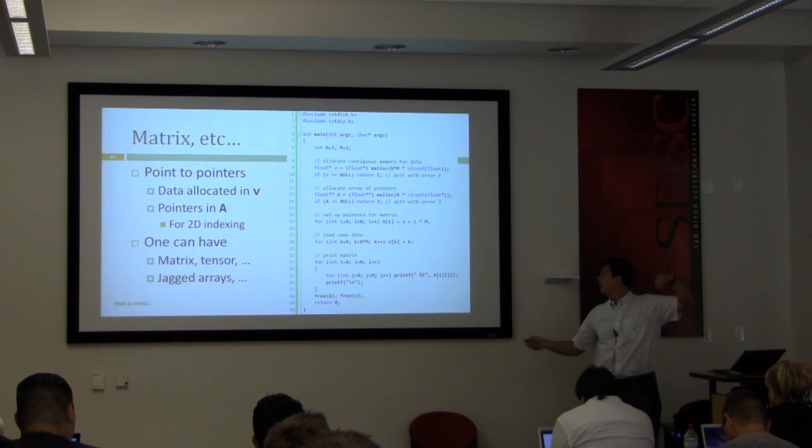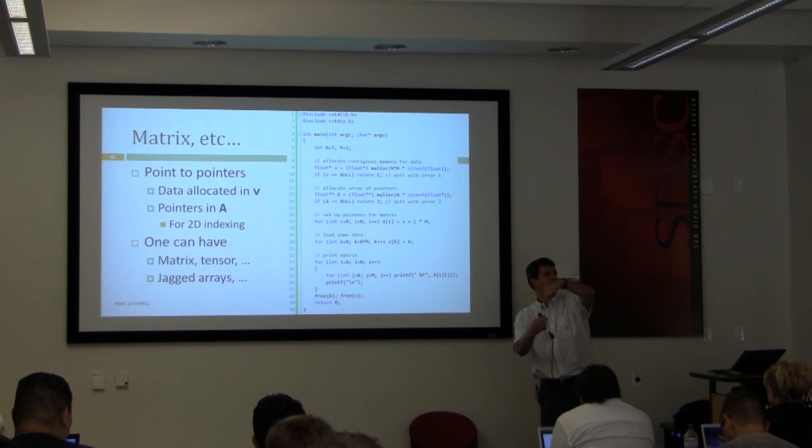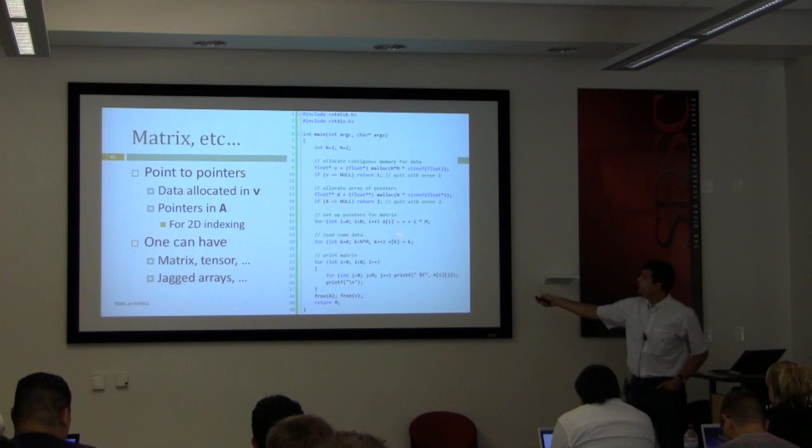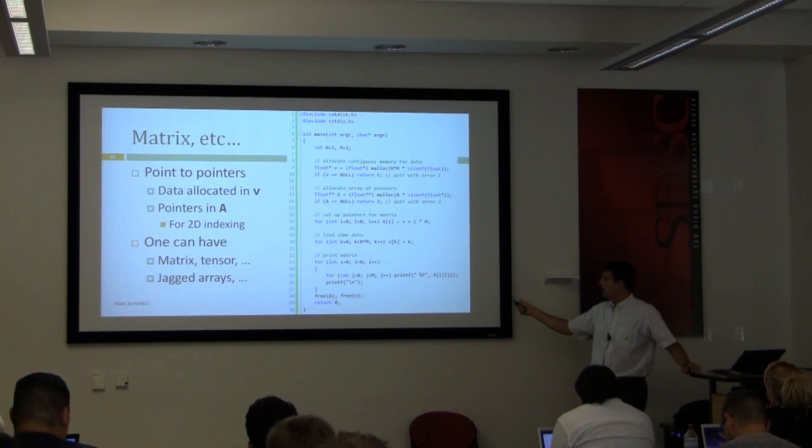So a[0] is going to be the first element, and then you increment it by m. That's the zeroth row, first row, second row, and so on. And then you can just load some data either using the v pointer or using the a pointers. So then you're done.